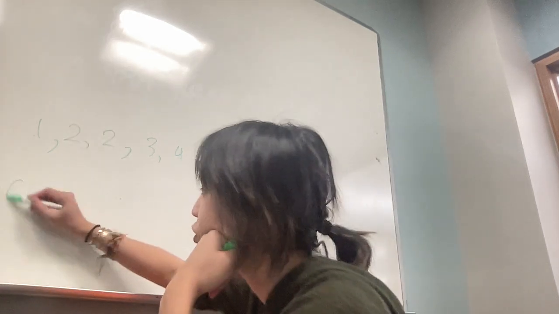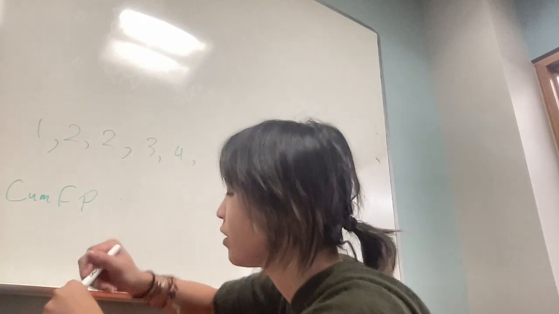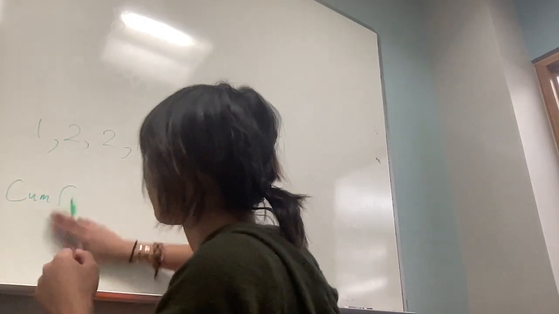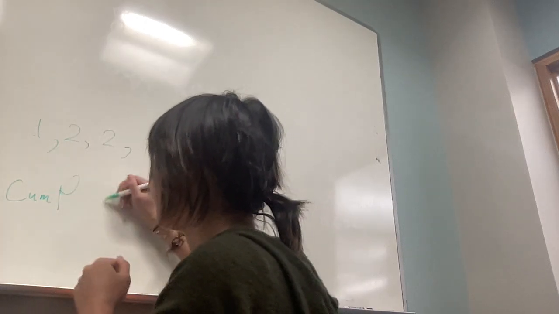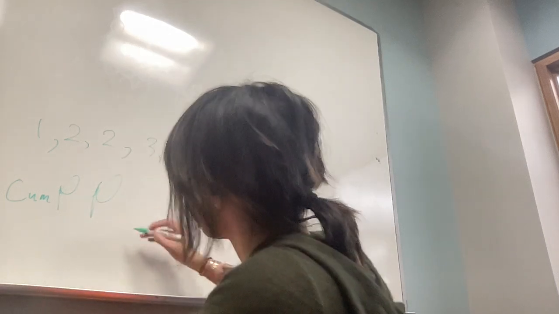Now, what about the cumulative frequency polygon? There's a cumulative percentage polygon. What the heck is that? It's the same thing with the histograms.